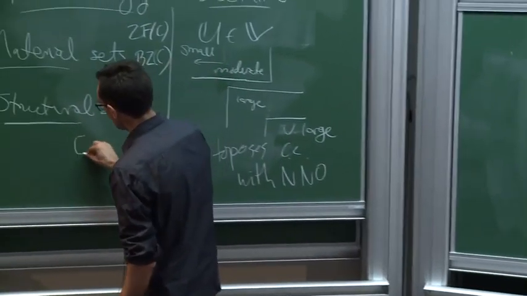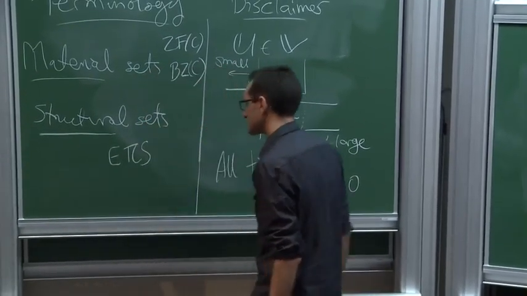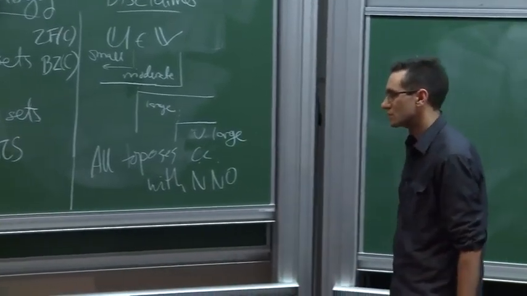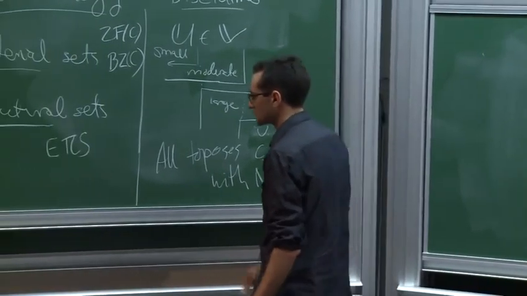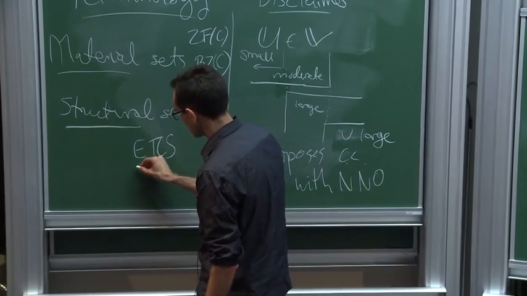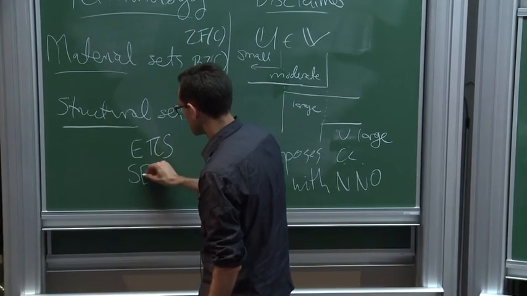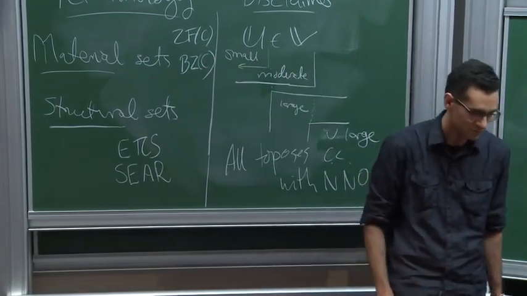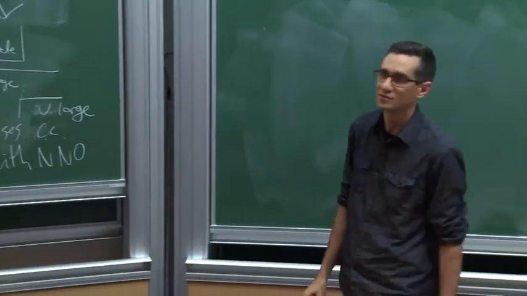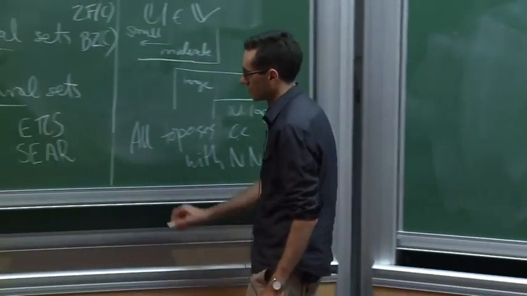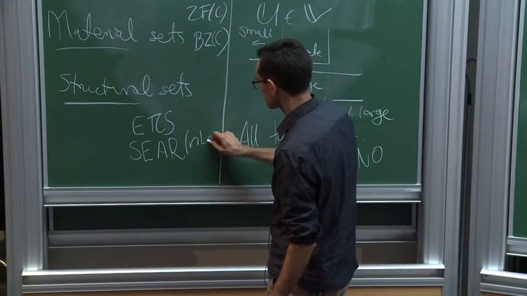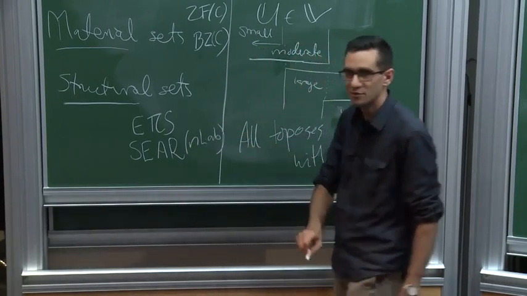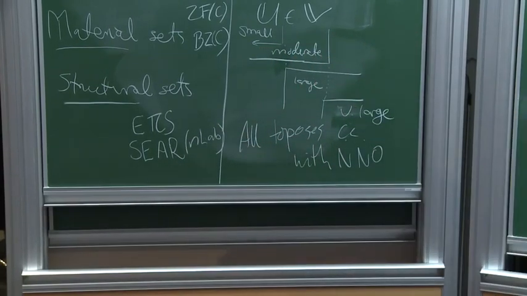So structural sets: of course, Lawvere's elementary theory of the category of sets, the primordial example, maybe some variants on this, and one that I'd like to advertise called Sets, Elements, and Relations, or SEER, due to Mike Shulman, whose name we've heard a couple of times already. This is not published, but it's on the nLab. It is a structural set theory that is not a categorical set theory.